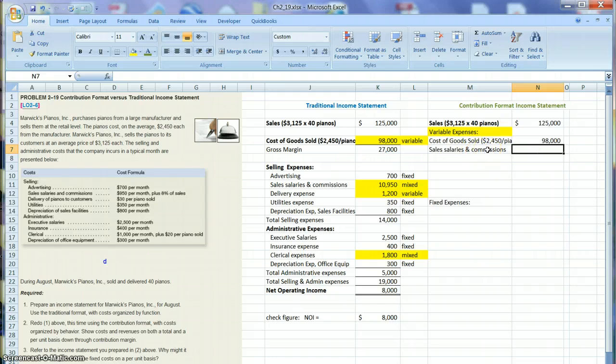So my commissions, remember, were based on my sales times 0.08 or 8%. So sales salaries were really only $10,000. The other cost that we said varied was my delivery expenses, and that was 100% variable. So I could just pick up that whole dollar amount.